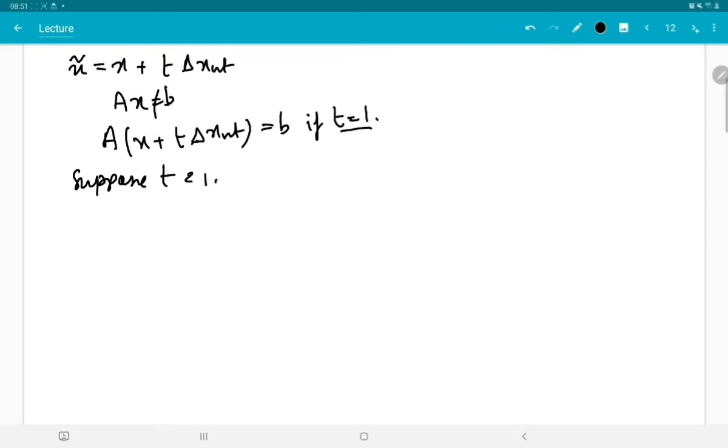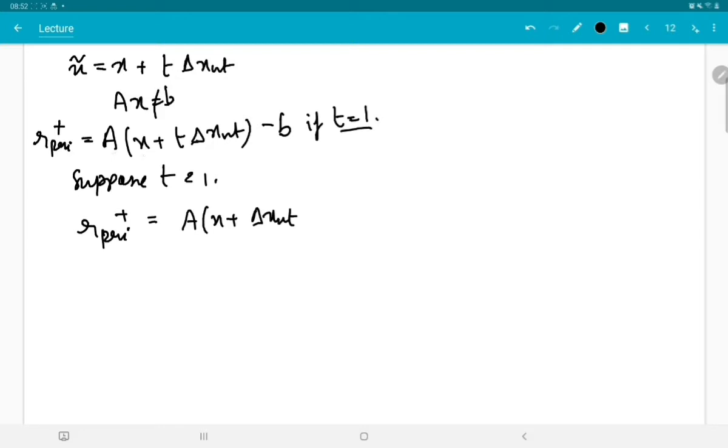Then the updated primal residue: the primal residue is Ax minus b, by definition of the primal residue.